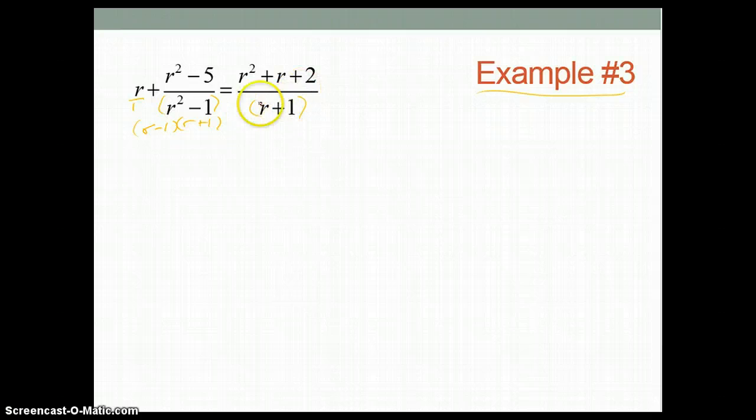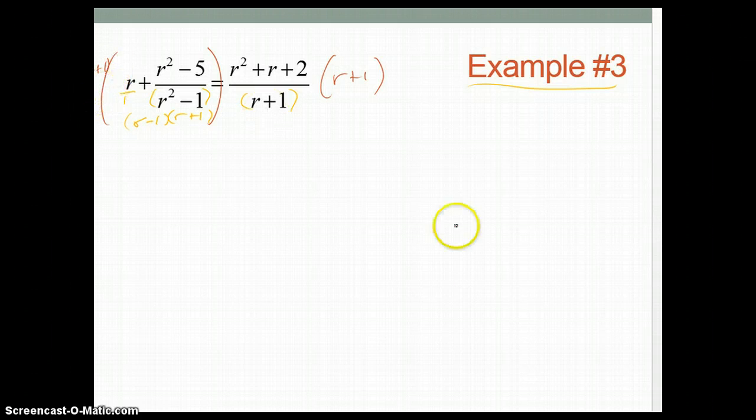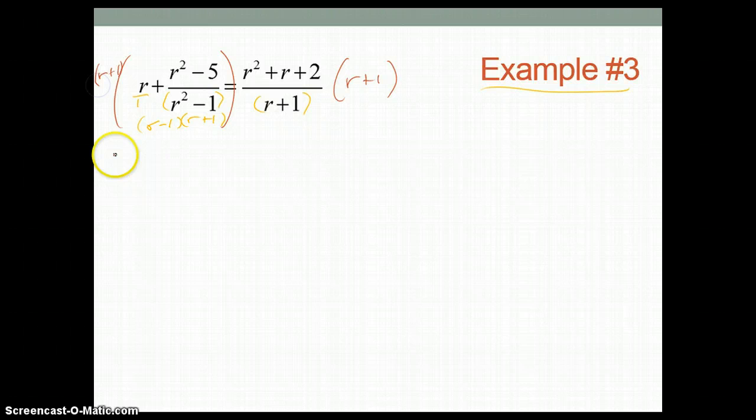So here, I just want to get rid of this r plus 1, so I'm going to multiply by it, and I'm going to multiply the entire left side by r plus 1 as well. And when I do so, my first term becomes r times r plus 1. That's where it goes right here.